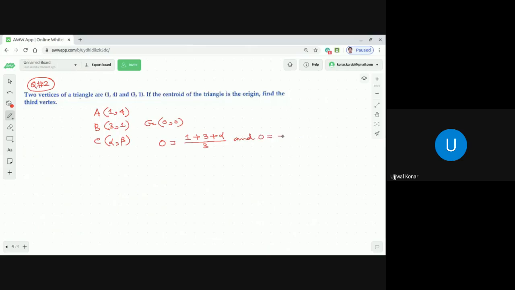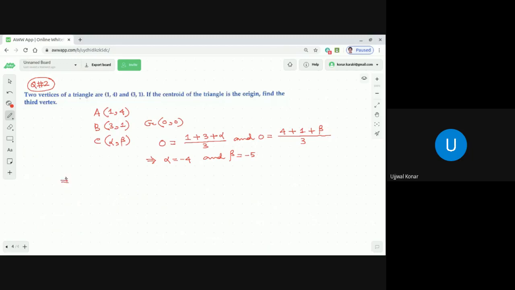That is equal to the y coordinate of A, that is 4, plus the y coordinate of B, that is 1, plus the y coordinate of C, that is beta, divided by 3. So from here we get alpha is equal to -4, and beta is equal to -5. So what is the coordinate of the third point? We get (-4, -5).